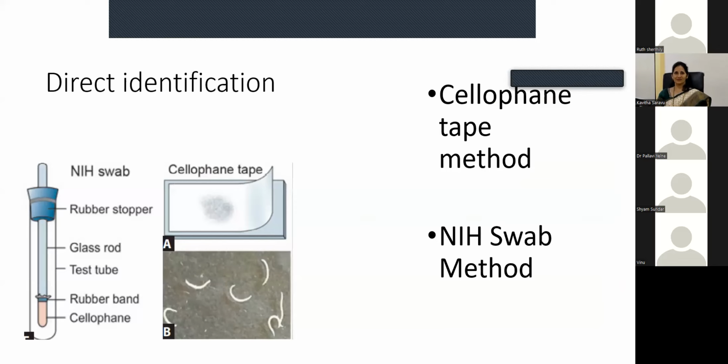Okay, so this NIH method was devised by the National Institute of Health, US. What happens here? A glass rod is taken, which is attached to cellophane tape by a rubber band, right? The cellophane tape is rolled over the perianal region to collect the sample. An early morning sample, before the patient goes to the bathroom or uses the toilet, is optimal.